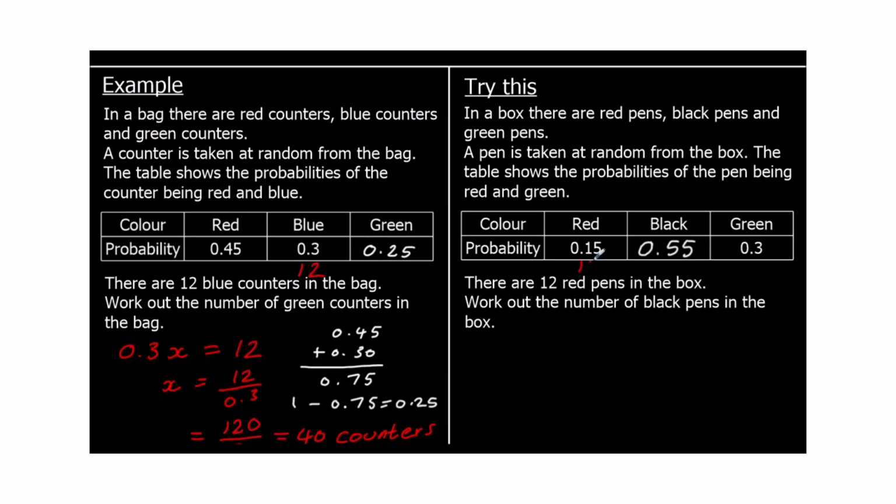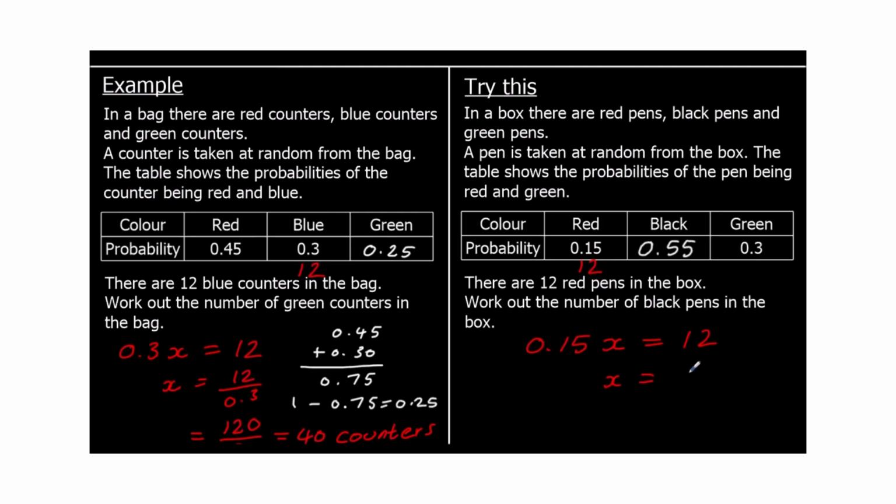There are 12 red pens. How many black pens are there? So we know 15%, 0.15, 15% of all the pens makes 12. So 15% is 12. So 15% of the total number is 12. So 15% is 12.